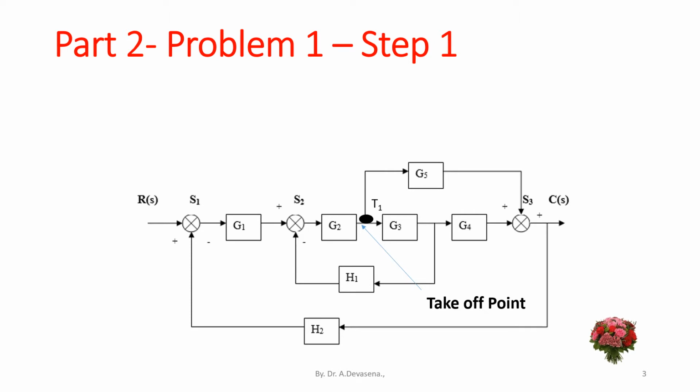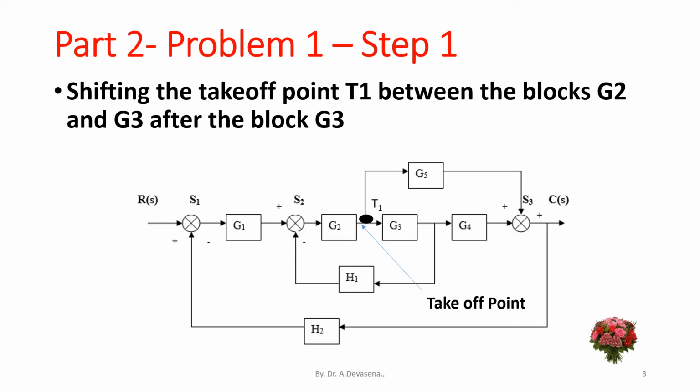So we have to shift the takeoff point between the blocks G2 and G3. This is our step 1. Step 1 is shifting the takeoff point T1 between the blocks G2 and G3 towards after the block G3, that is towards the output side. This is indicated in this diagram.